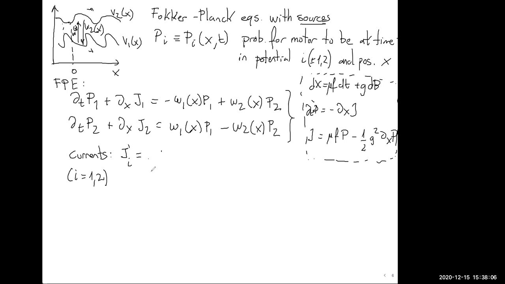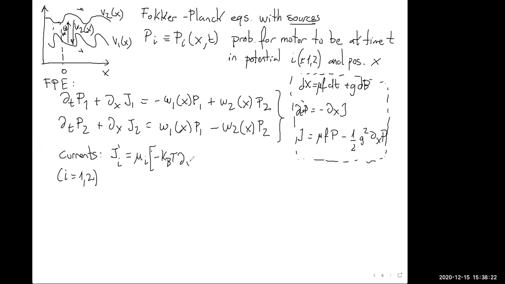Ji will be the following: mu i, this is the mobility in state i, and then we will have minus kBT. I'm writing it in a different order, but you will see it makes sense. Partial x of pi, minus pi partial x of vi, plus pi f external.